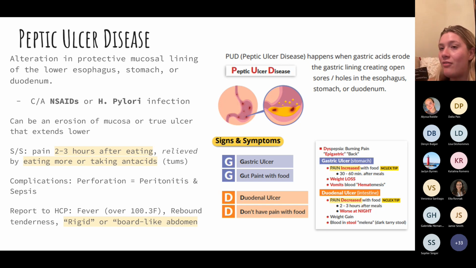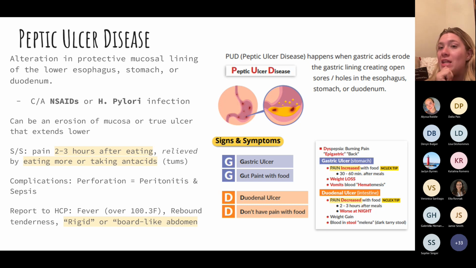Usually they'll have pain after eating, and it can be relieved by eating more or taking antacids, which seems a little bit contraindicated, but for whatever reason, when these patients eat more food, it just makes them feel better. Don't really know why, but it does. And then antacids, which are your Tums. Our main complication with peptic ulcer disease is that we could have perforation, which could lead to peritonitis and sepsis.